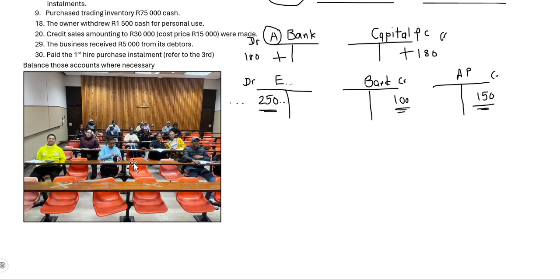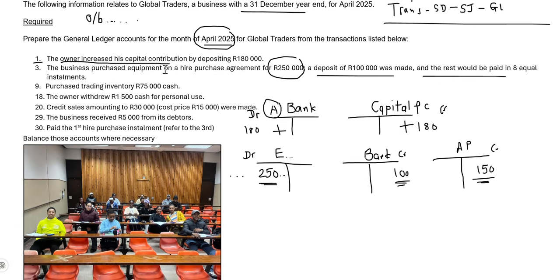So we received money from debtors, and then on the 30th, paid the first hire purchase installment, referred to the third. Now, do you remember we bought equipment worth 250,000? We paid 100,000 Rand cash. That means we still owe 150,000.